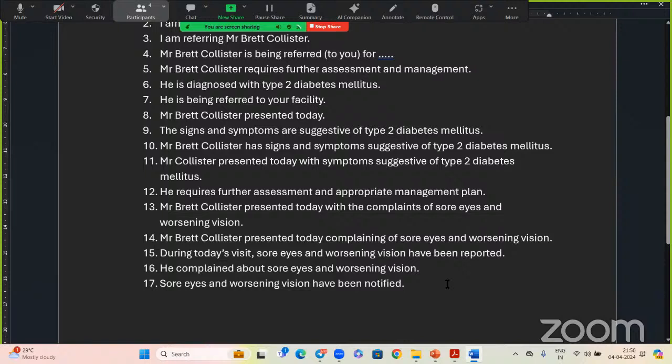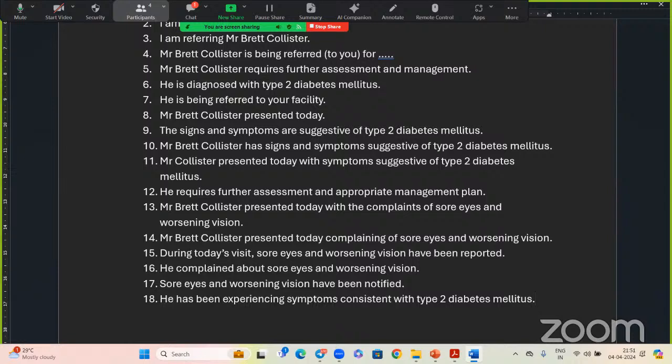Or you can write, he has been experiencing symptoms consistent with, instead of suggestive of, you'll say consistent with, type 2 diabetes mellitus.